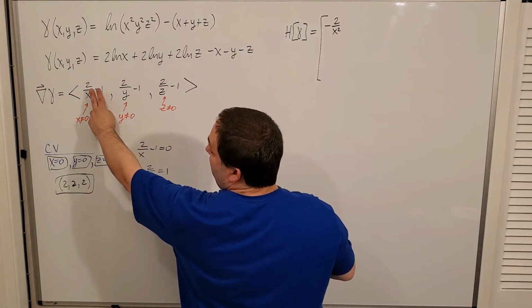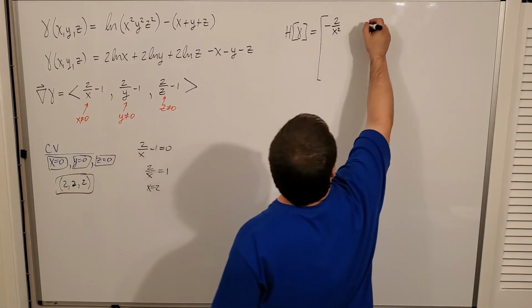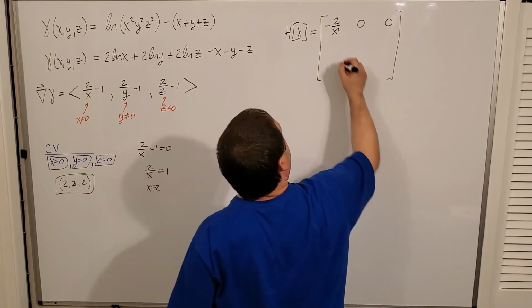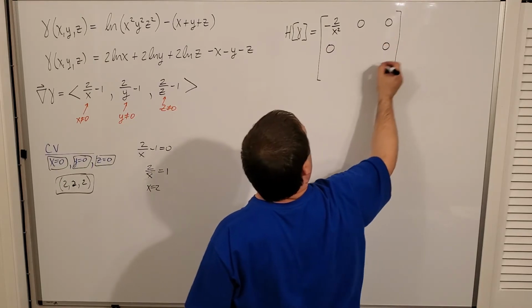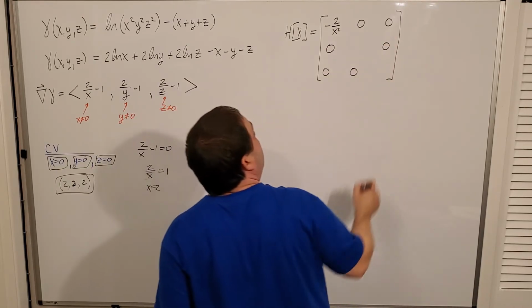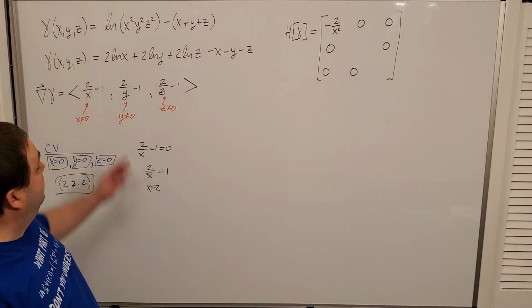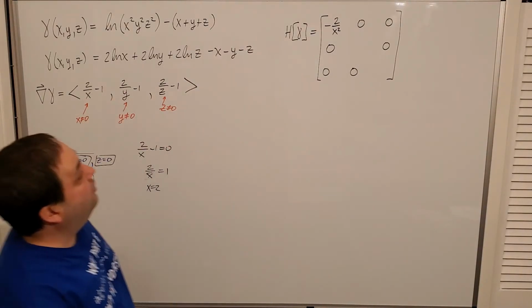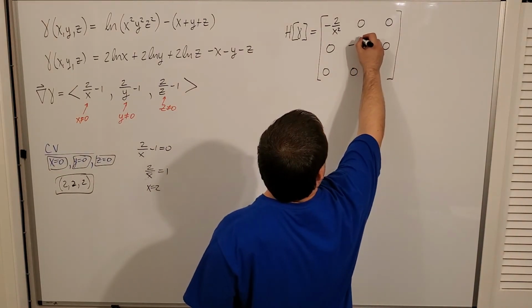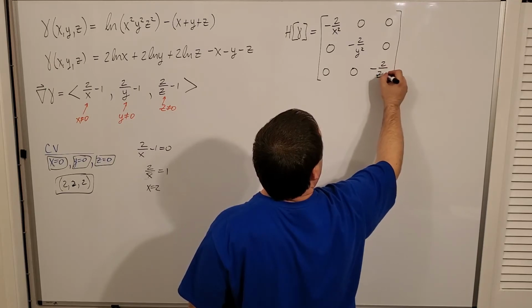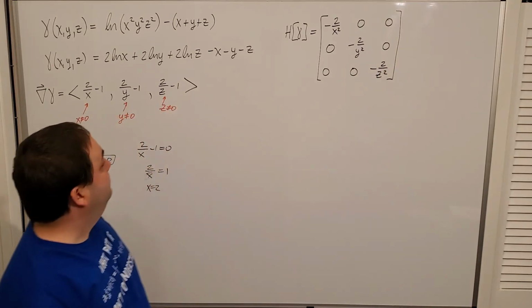There are no y or z's in the x component, so the y derivative and the z derivative are both 0. The same thing happens with all of the other components. I'm going to have 0 in the off diagonal components there of the second derivatives. The y derivative is going to be the negative 2 over y squared. The z second derivative is going to be negative 2 over z squared.